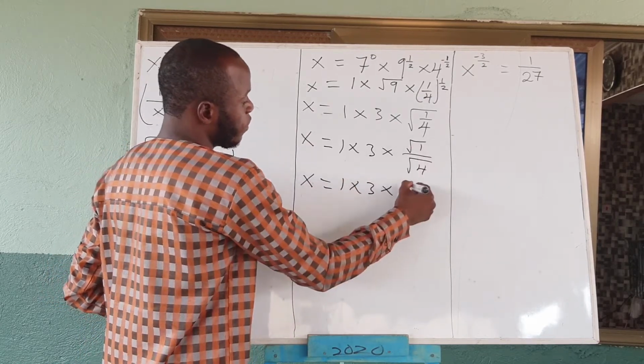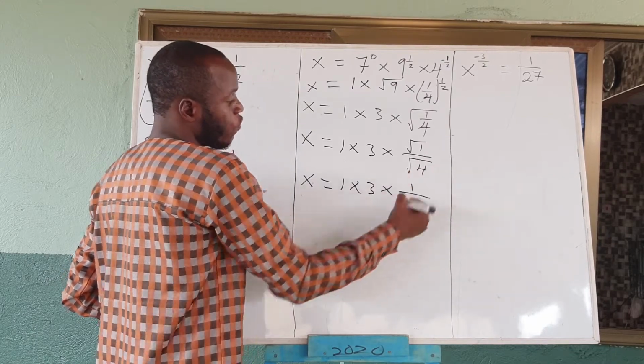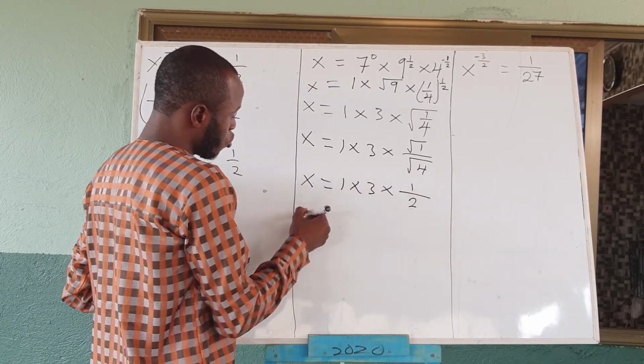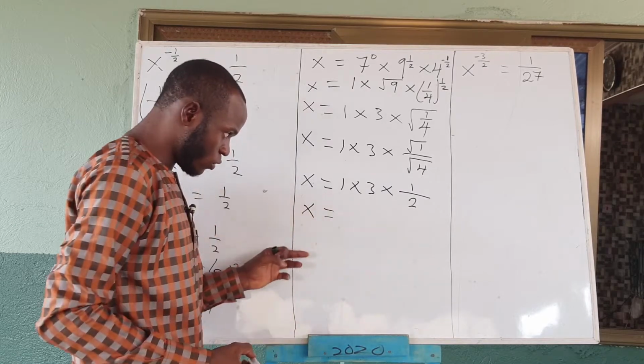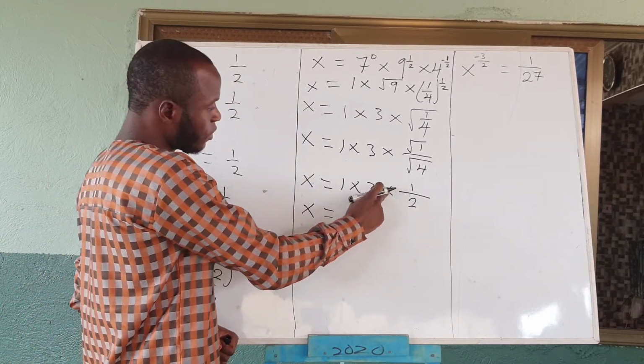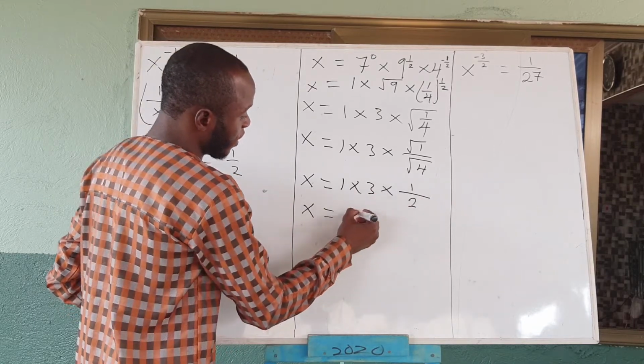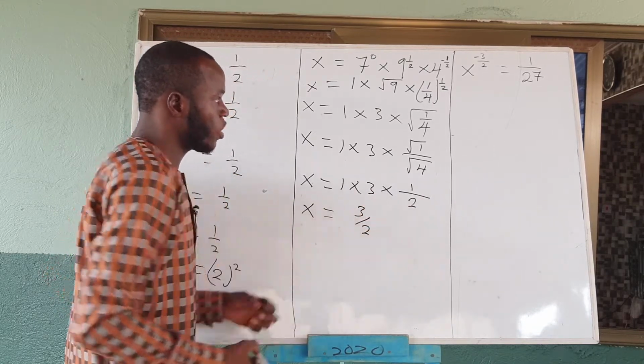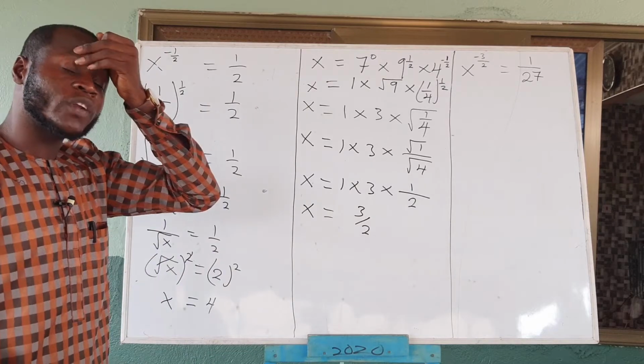Square root of 1 will give us 1, and the square root of 4 will give us 2. So 1 times 3 gives us 3, and 3 times 1/2 will give us 3/2, and this will give us the solution of the question.